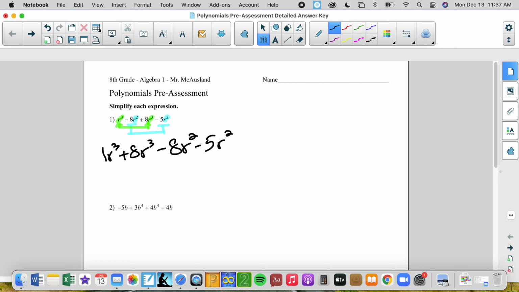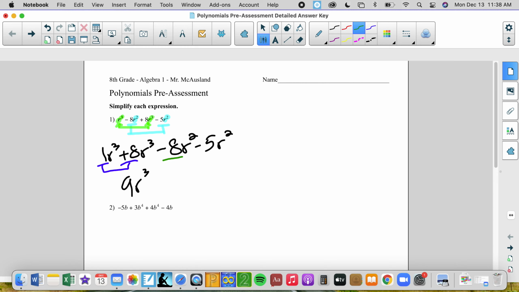So we'll combine the 1 with the 8, which would give us 9r cubed.